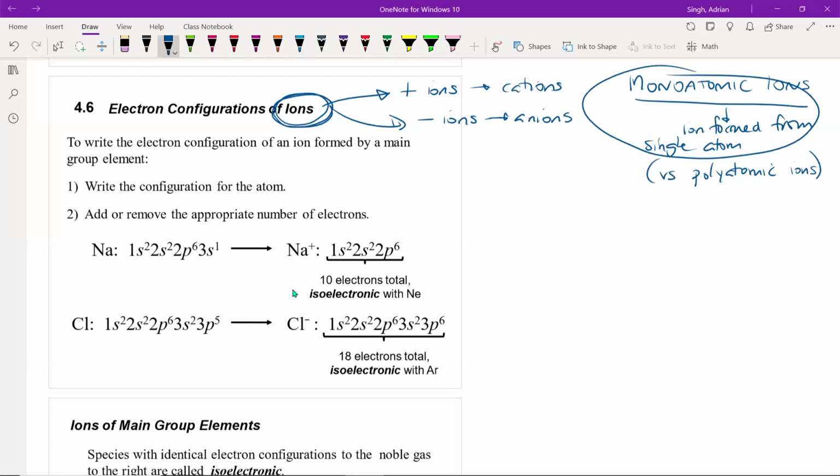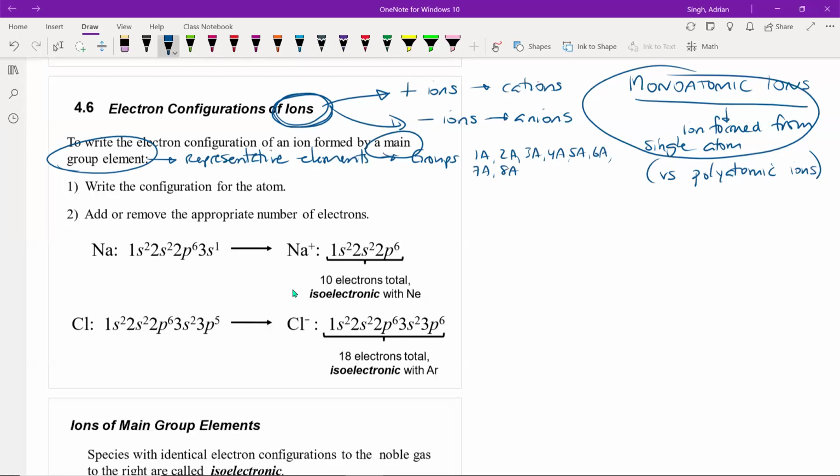And we'll take a look, first of all, at the electron configuration of an ion formed by a main group element. Remember, a main group element is the same as the representative elements. Okay, and these are in groups 1A through 8A. So 1A, 2A, 3A, all the way over to the end.